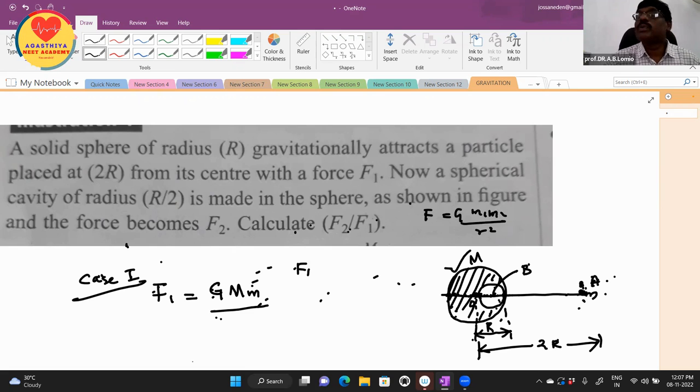We are going to use this. Take G as it is, m1 is capital M, m2 is small m. Distance between the two masses is 2r, so r squared means 2r squared. It becomes capital G, capital M, small m, over 4r squared. Understand?